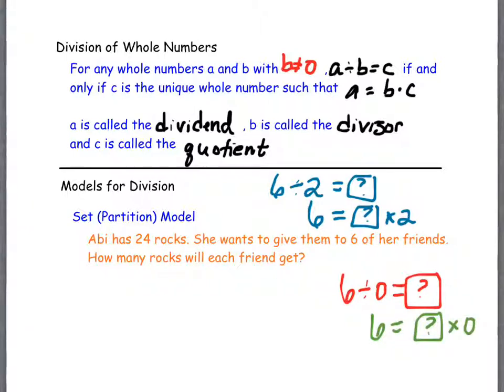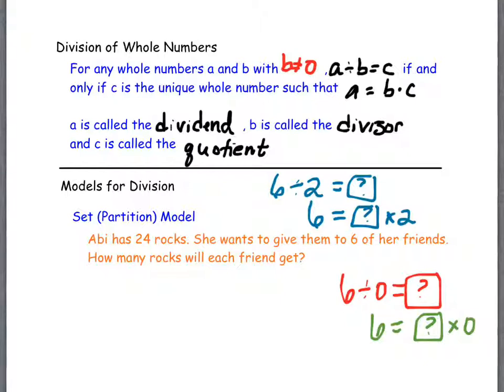And there's a problem with that. What's the problem? Yeah, on the right-hand side, question mark times 0, I don't care what the question mark is, you're going to get a 0. You can't get back to 6, can you? So that's another very concrete reason why this can't work. It can't work to divide by 0 because there's nothing times 0 that gets you back to anything but 0.